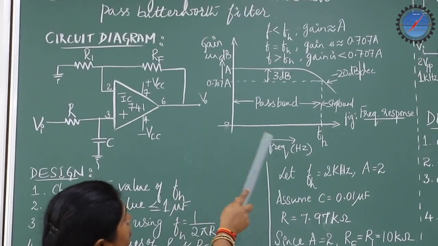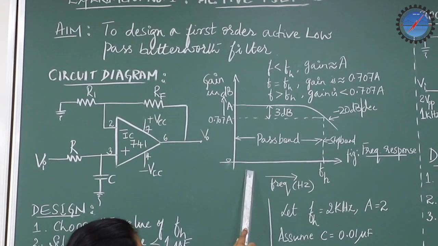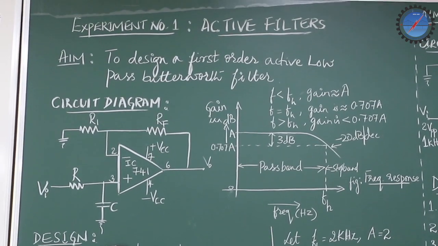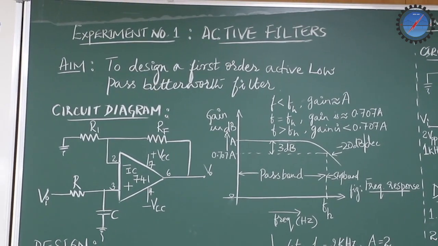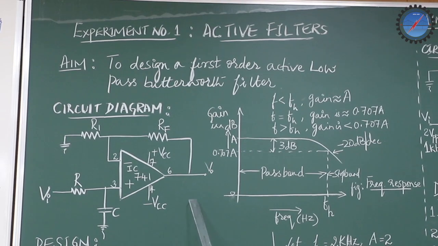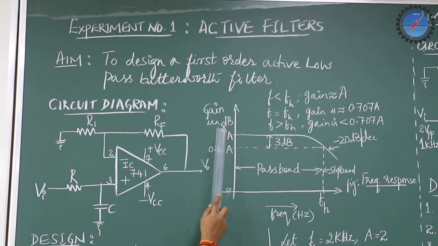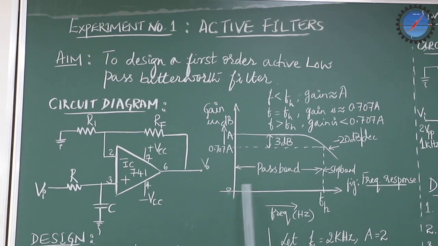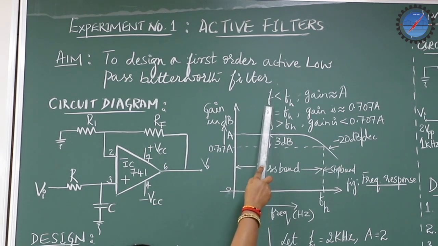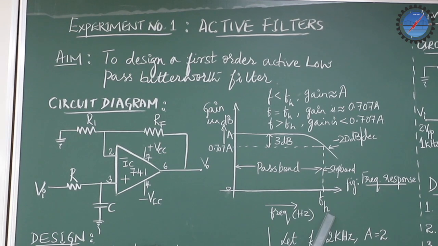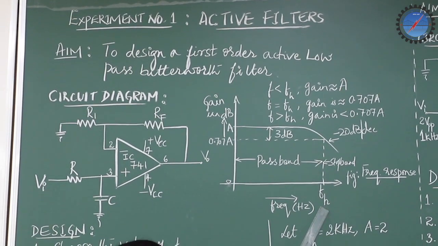Now about the frequency response. This plot shows the frequency response of a low pass filter. We have taken the frequency along the x-axis and gain along the y-axis. In this frequency response, f is the input signal frequency, whereas fH is the upper cutoff frequency.